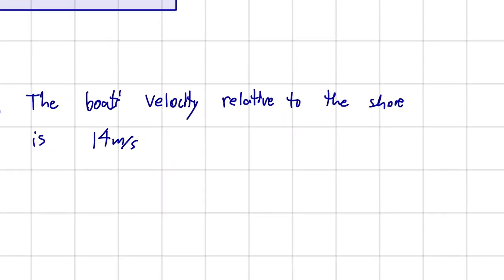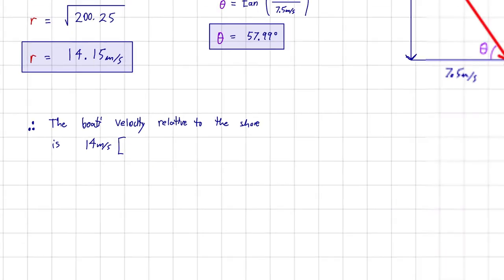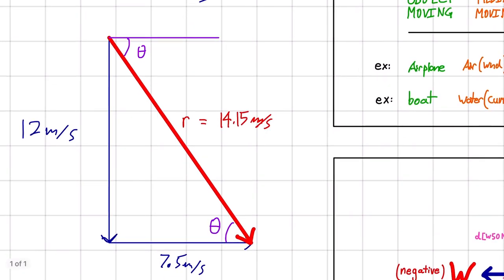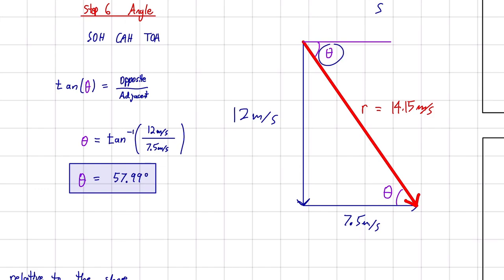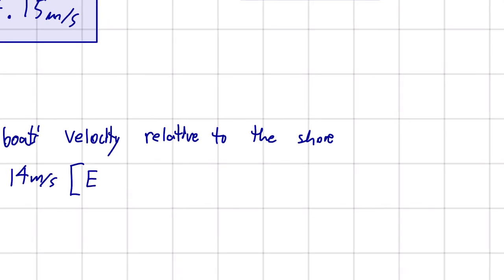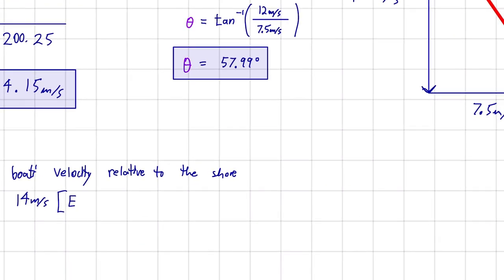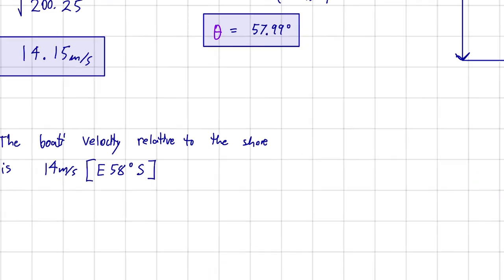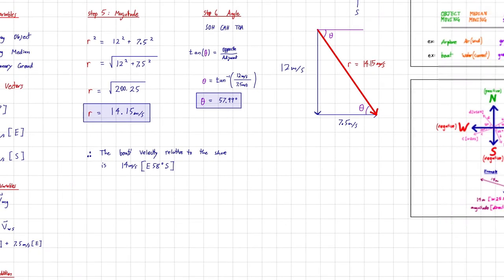So 14 meters per second in the direction, remember we're in a direction of east and some angle south. That's where we get this resultant vector. Remember, we found this angle, we just found it. And again, I'm going to round this. There's no sense keeping 2 decimal points, so I'm going to round this to 58 degrees south. East 58 degrees south. And that is our final answer.